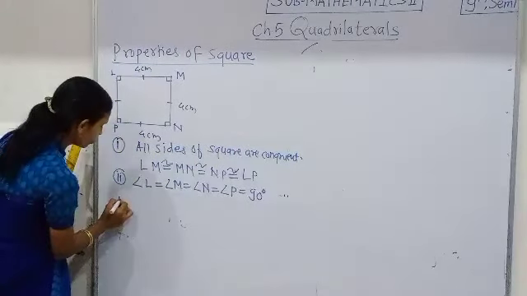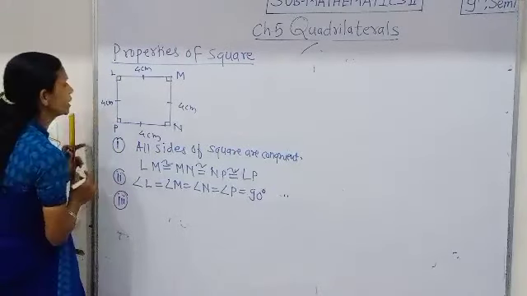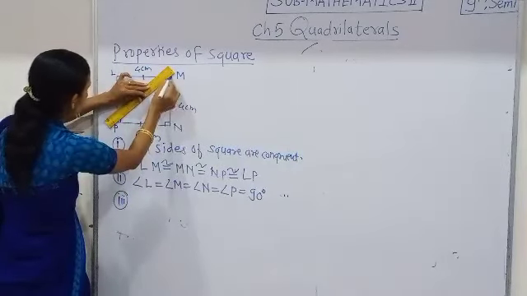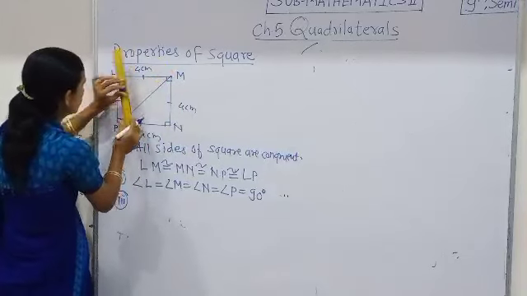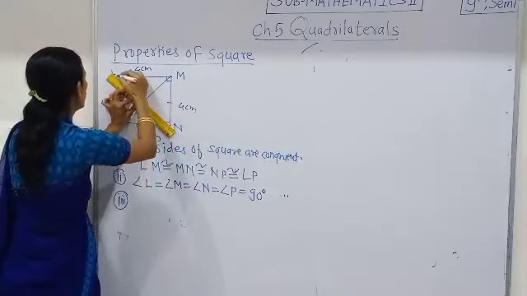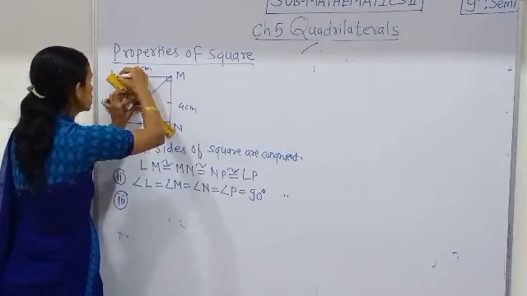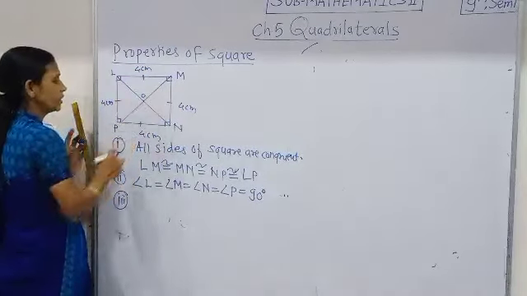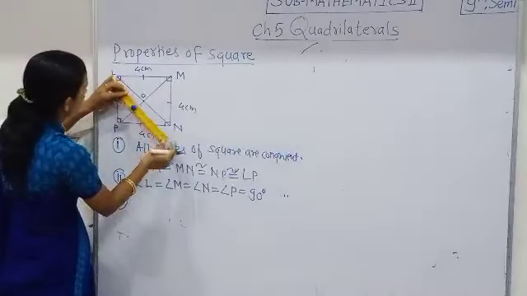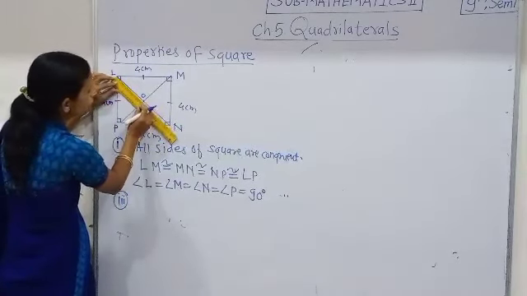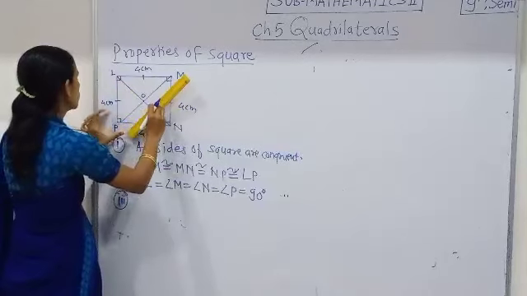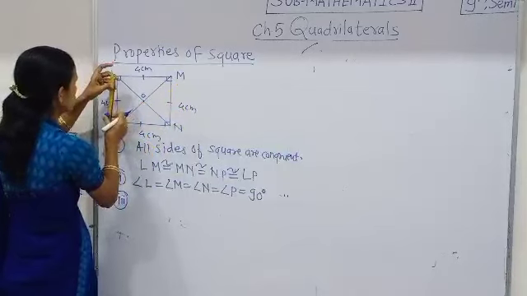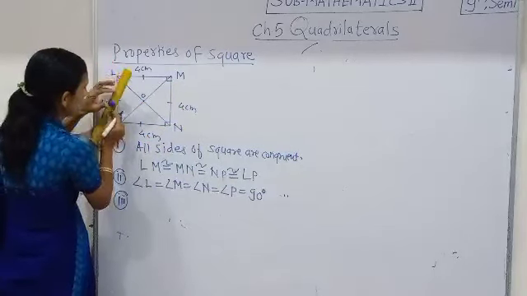Then 2 more properties related with the square: if the diagonals of a square are drawn and the length of those diagonals is measured, then it is found that the lengths of those diagonals are the same.